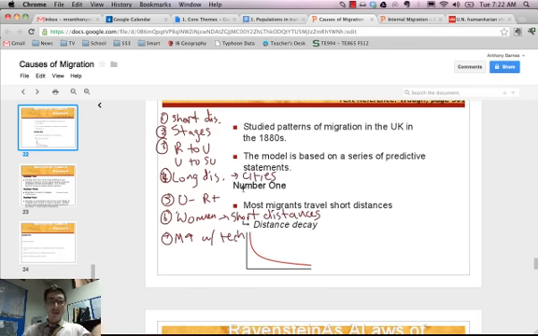Now, Ravenstein came up with these laws in the 1880s, and I have a student in my senior class who's actually looking at is this law still applicable? So if we're talking about TOK's connection to geography, always question, are these models that were designed, like the demographic transition model, 50 years ago, are they still applicable today?